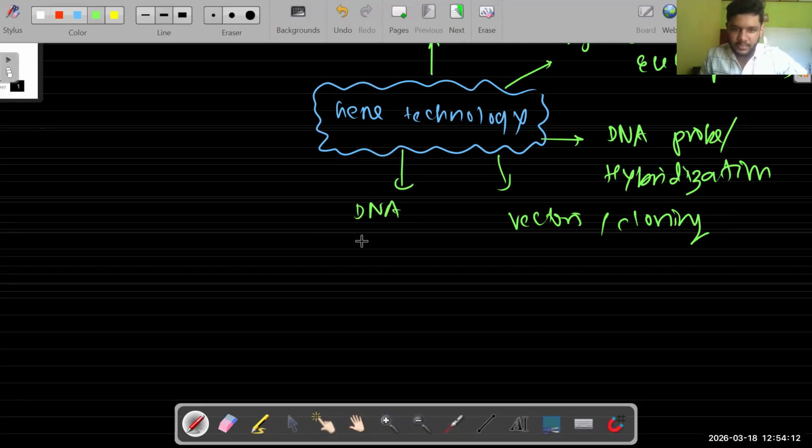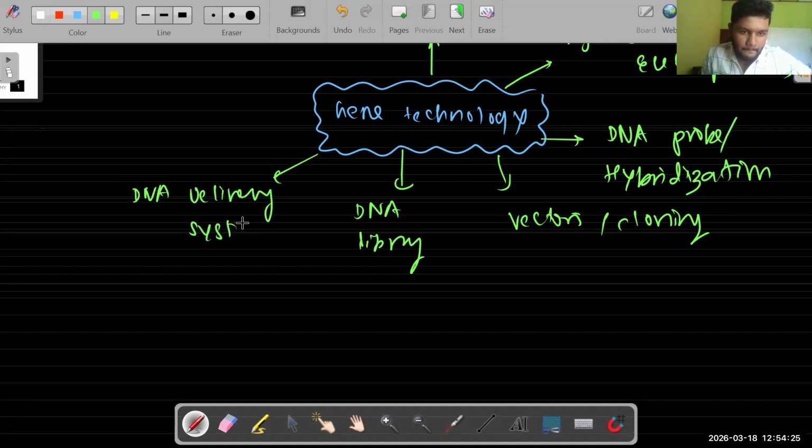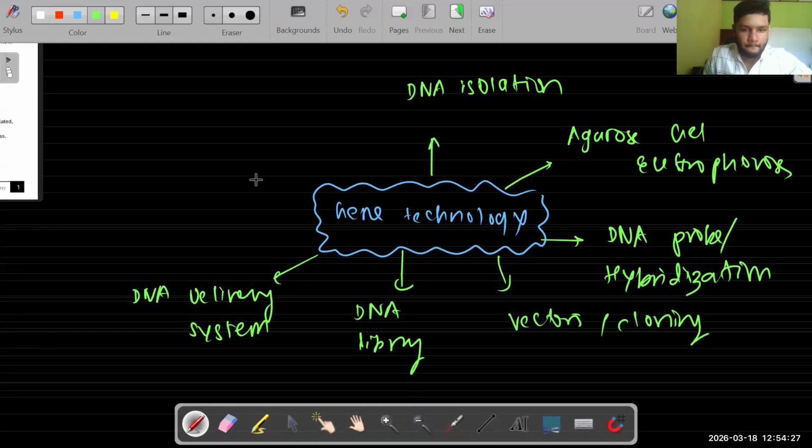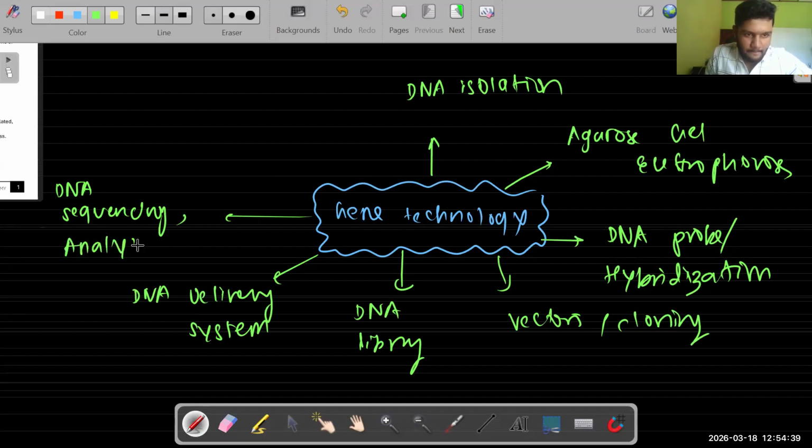Then comes DNA library, then the DNA delivery system, then DNA sequencing, DNA analysis, and then restriction map.